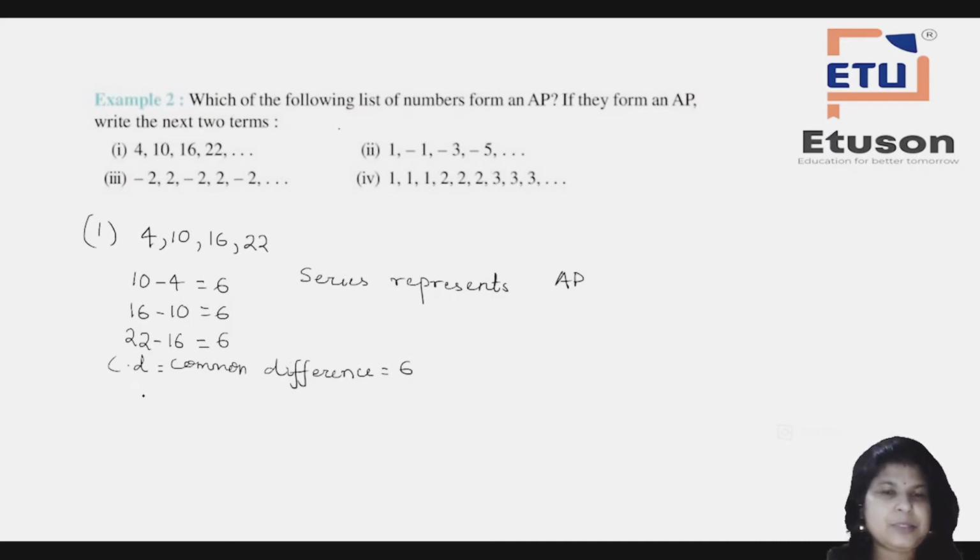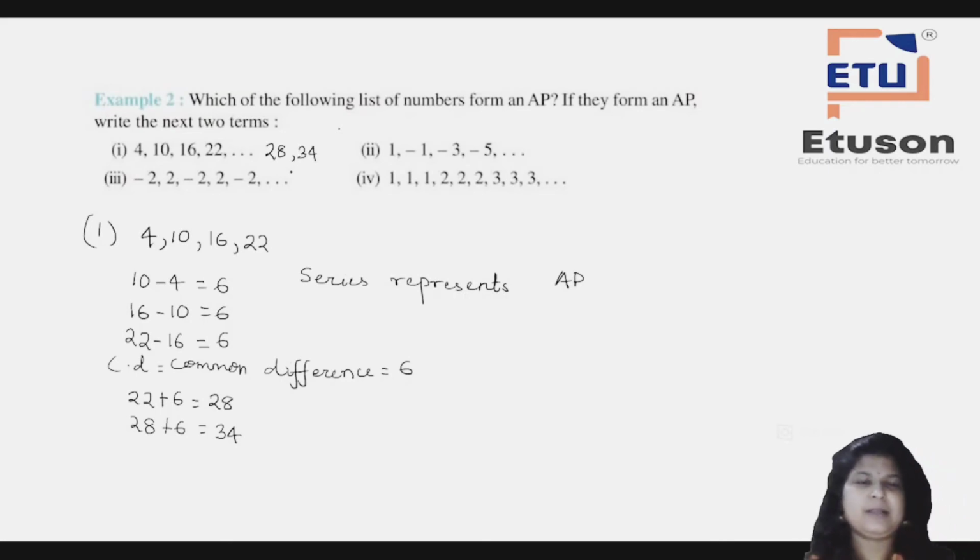The next subsequent number will be 22 plus 6, that is 28. 28 plus 6, that is 34. So I can write it here: 28, comma 34, the next two numbers, right? 28 and 34 respectively.